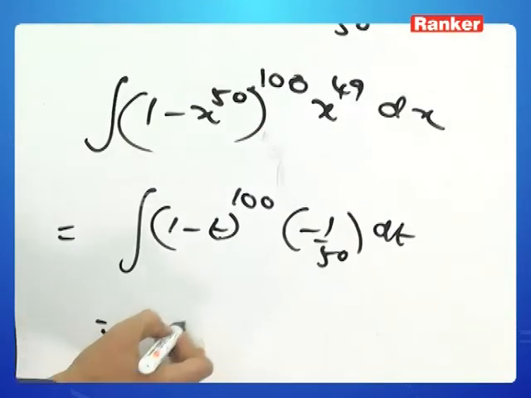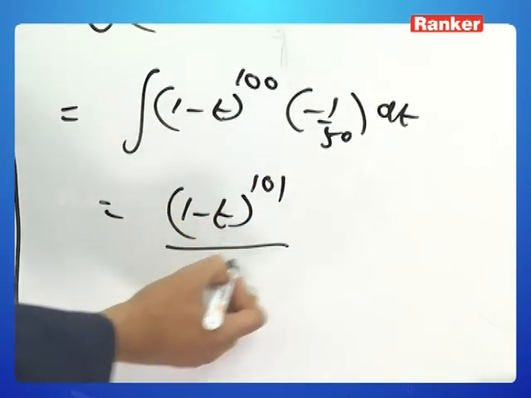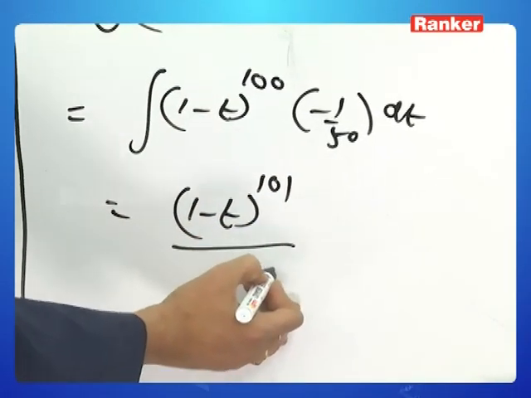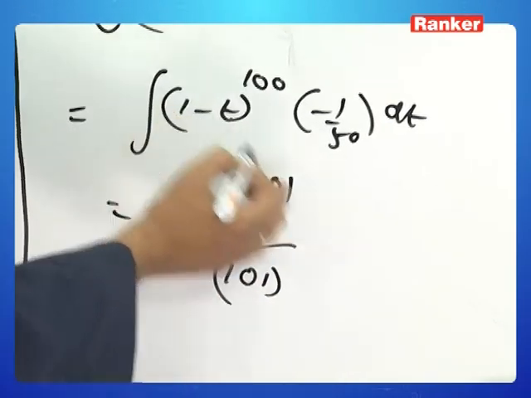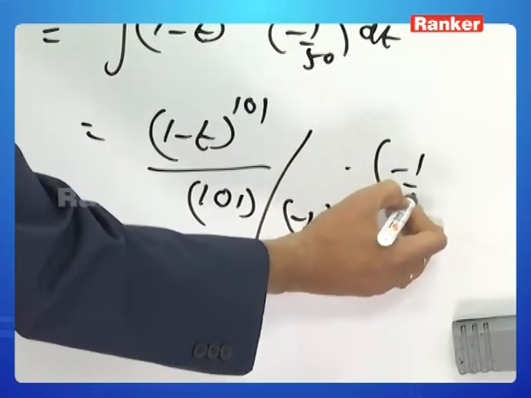So this is (1 minus t) whole to the power of 101 by 101 into minus 1 into minus 1 by 50.